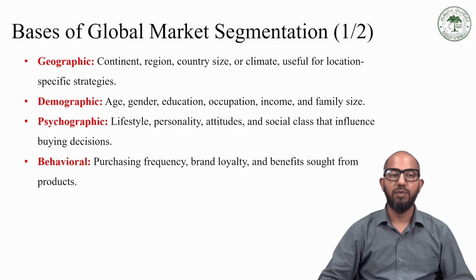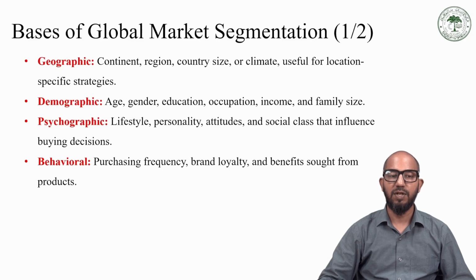Let us now try to understand the bases of global market segmentation. There are different ways in which segmentation may be understood. The first is geographic, such as in terms of continent or region, country size, or climate, which is used for location specific strategies. There is demographic classification based on age, gender, education, occupation, income, and family size.